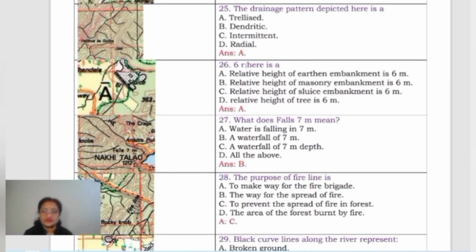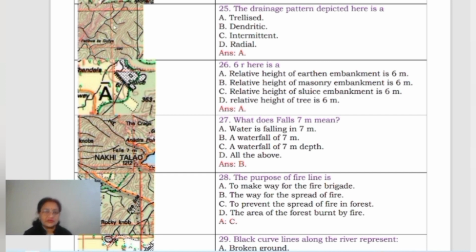Now come to the next one. Drainage pattern depicted here in this picture, which is a part of a topo sheet. Here the pattern shown is actually trellised. Neither is it dendritic, nor intermittent, nor radial. It is trellised.